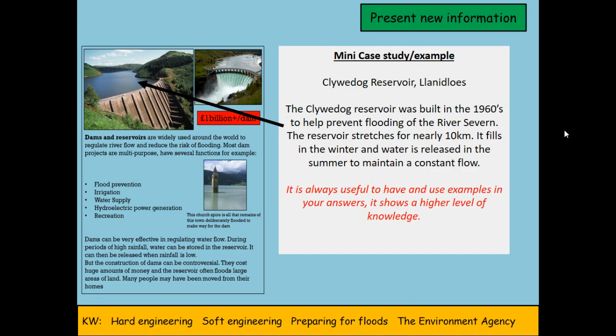Okay, so they're widely used around the world. I mean, there's some that are absolutely humongous, and some of them can cost up to £1 billion. They're very effective, especially during periods of high rainfall, because they have that reservoir behind them collecting up the water.